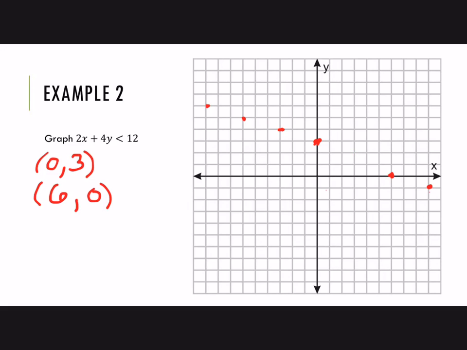Oh, that's not correct. Down 1 over 2, sorry. Okay, that's a little better. And then I'm just going to connect these with a dotted line. I pretty much almost have a dotted line at that point.